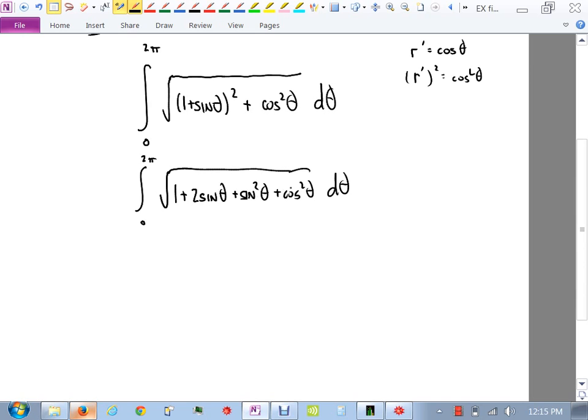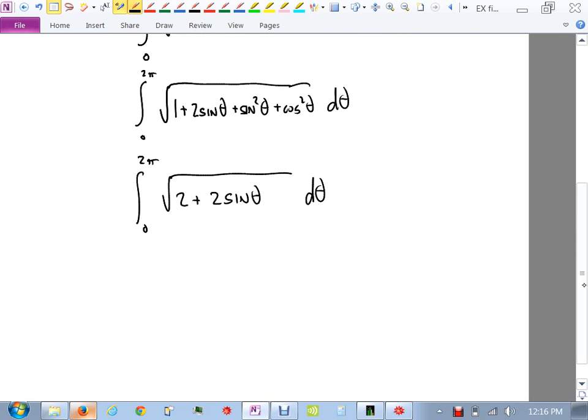So, yeah, those become 1s. So the integral from 0 to 2 pi of the square root of 2 plus 2 sine theta, d theta. And you could factor out a 2. Okay.